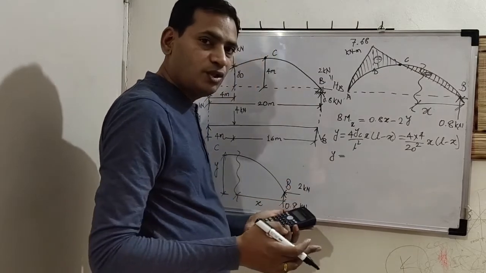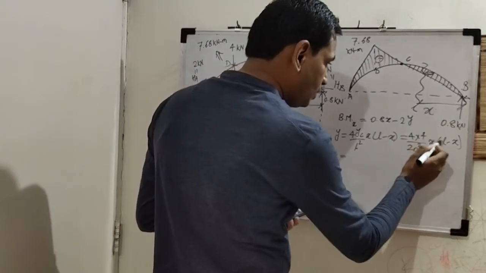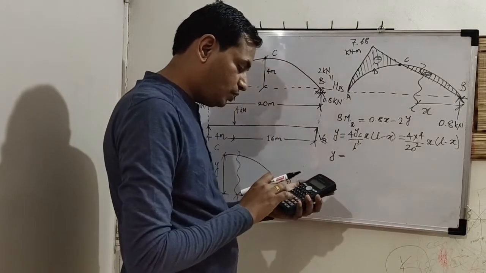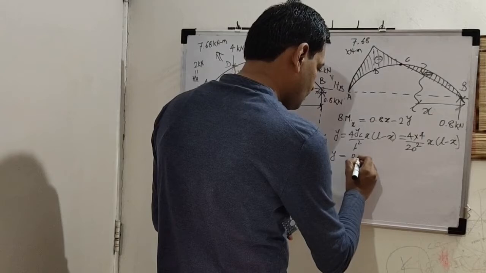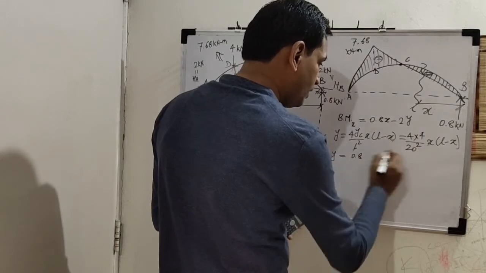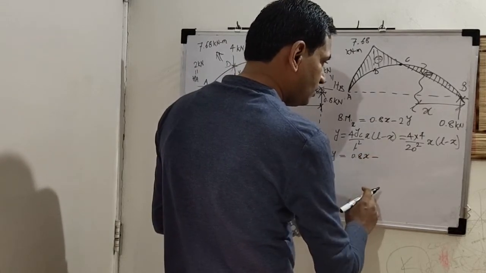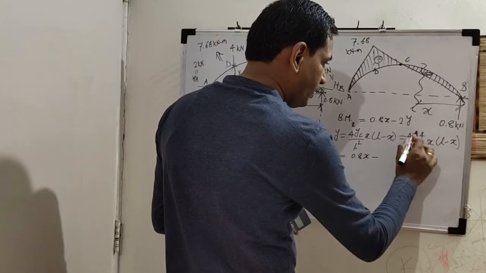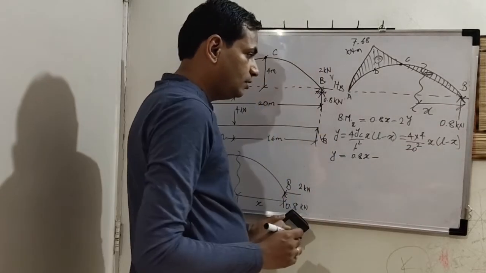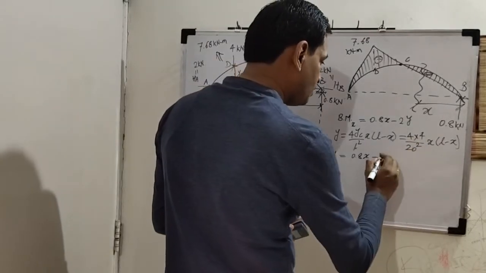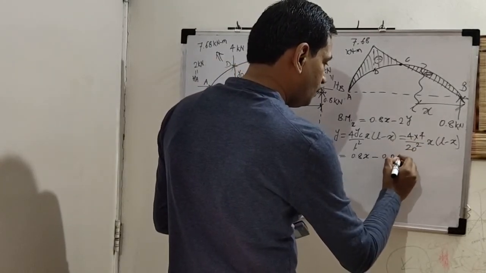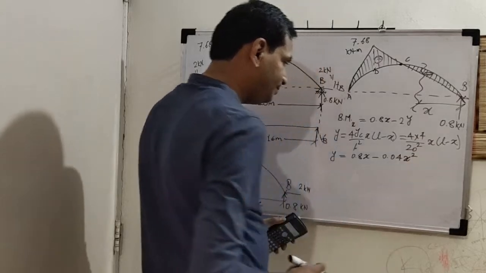It is 0.04 into x into 20. So 0.04 into 20 is 0.8 into x, minus this value into x. So this ratio is 0.04 into x into x, so 0.04 x square, correct?